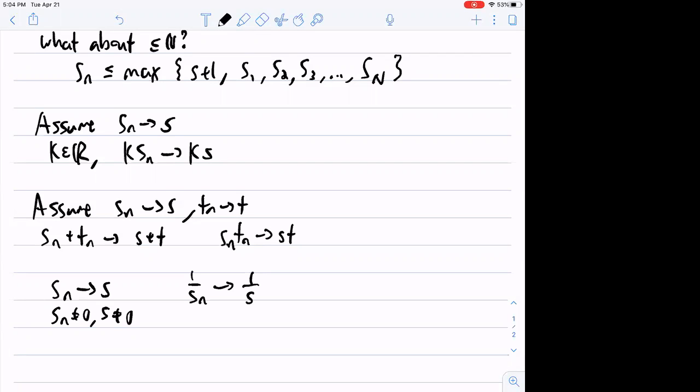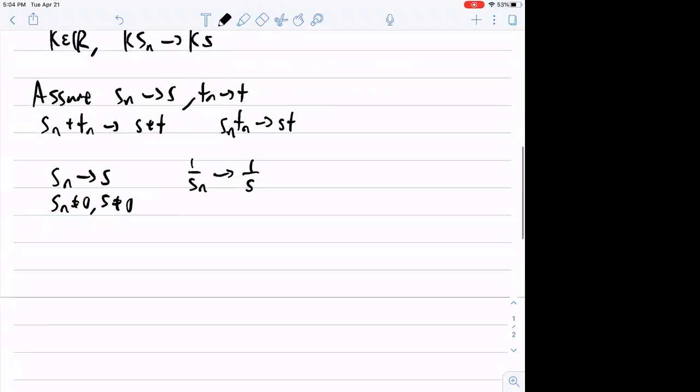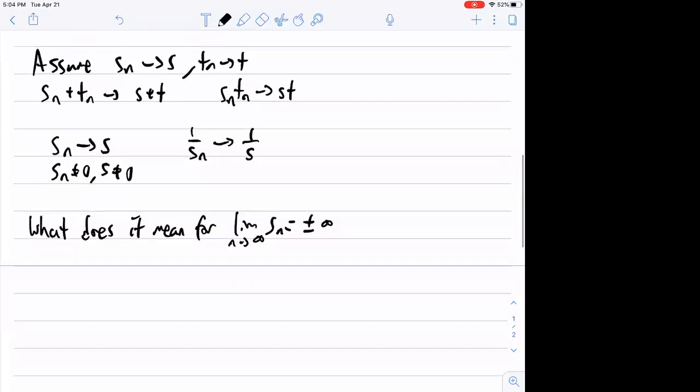Okay, so let's see what it means for the limit as n goes to infinity of Sn to be plus or minus infinity. If you just think of it as numbers, it means our sequence gets really big or really small.